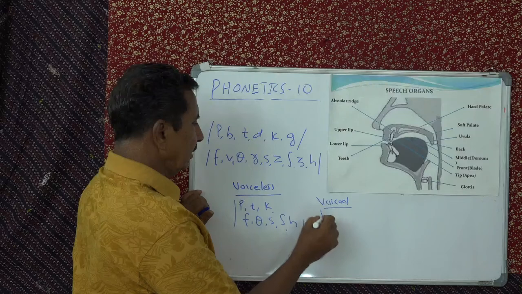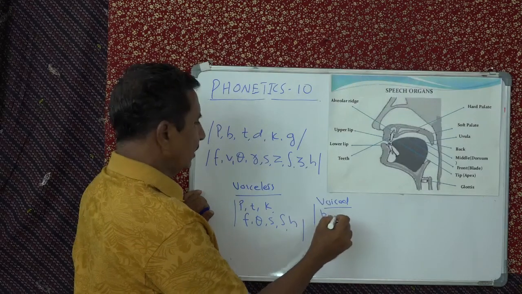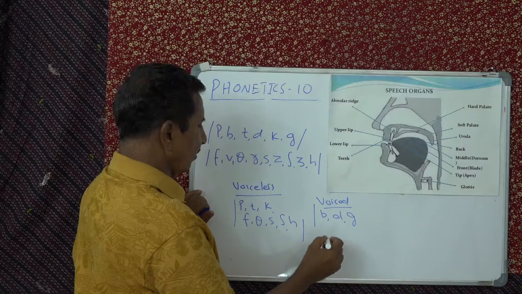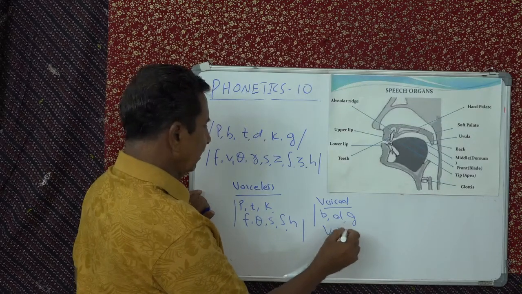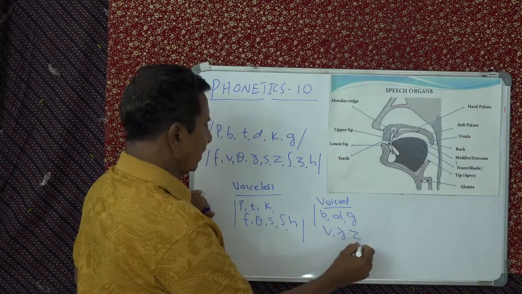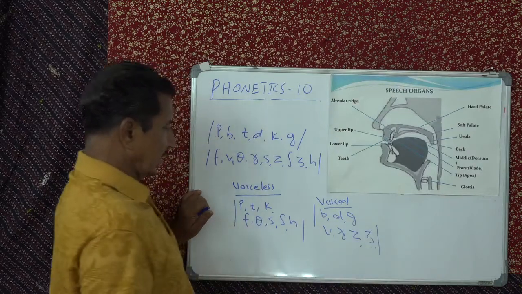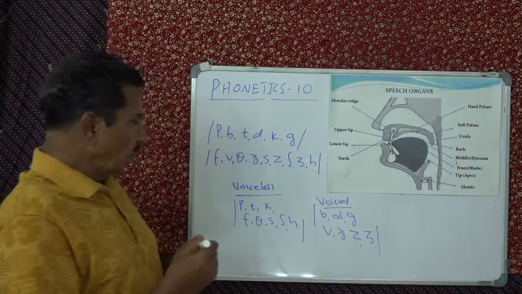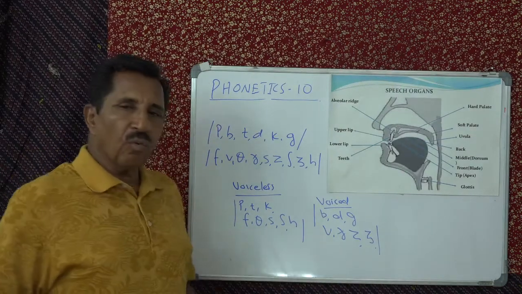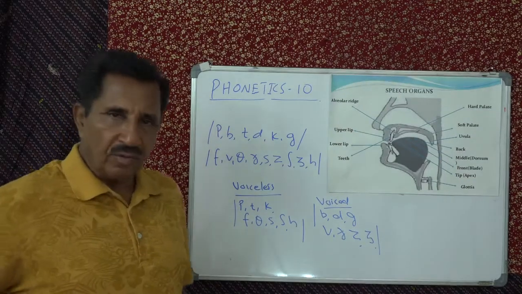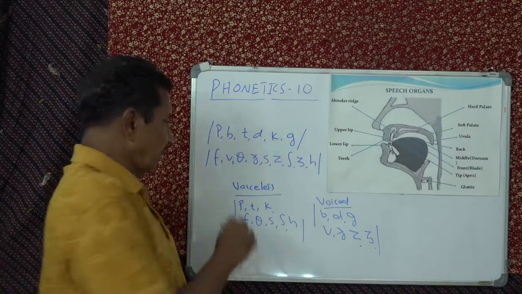They are B, D, G, and then you have got V, D, Z, J. That's all. So this is voiceless and these are voiced. Voiced means vocal cords vibrate, you can feel it yourself. Is that alright? Fine, very good.